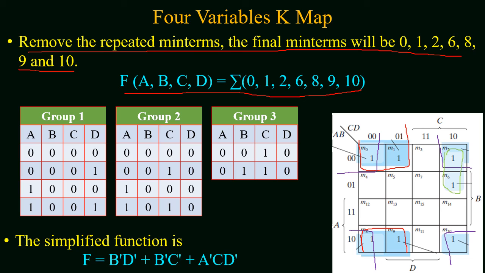And after analyzing group 1, group 2, group 3 for dissimilar variables, the simplified function will be equal to the sum of b prime dot d prime, b prime dot c prime and a prime dot c prime dot d prime.